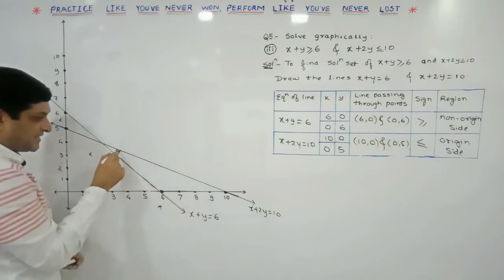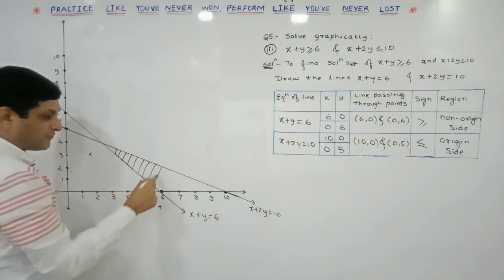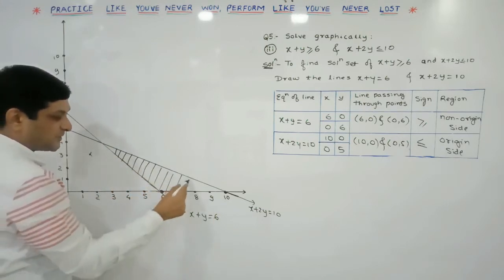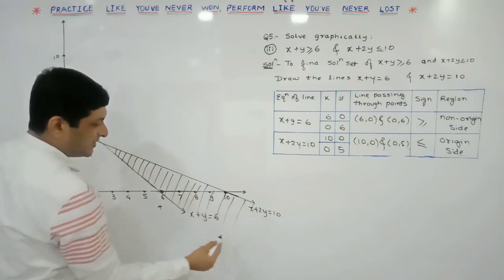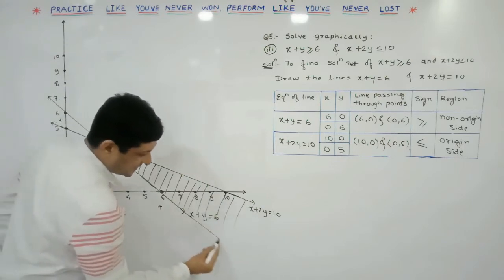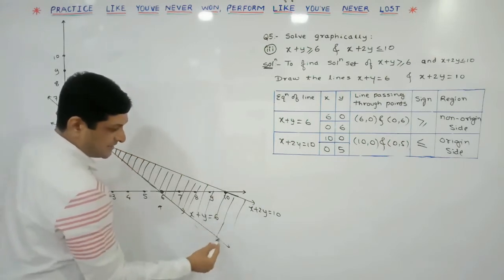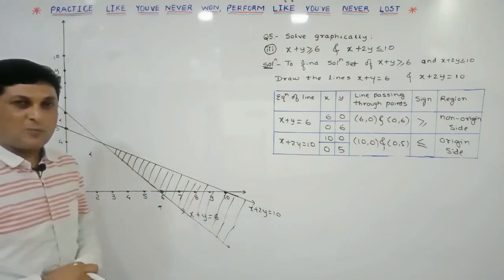Means here we can say that the shaded portion is the common region. Not only for one expression, we have to find the common region, or the set of all such points which will be satisfied by both the lines. So in this way we have got the solution set of both the expressions.